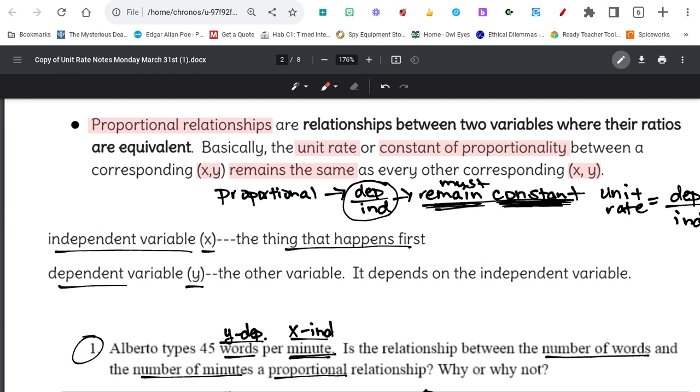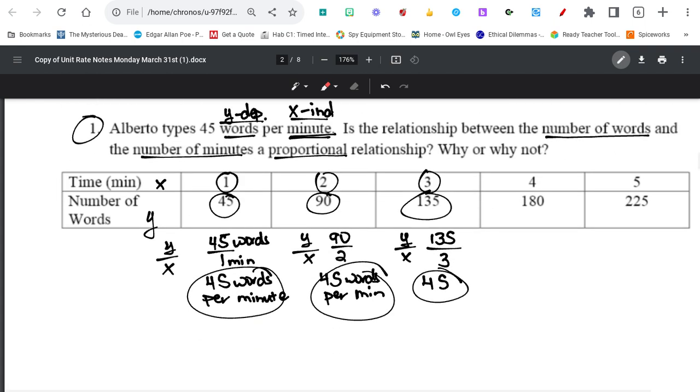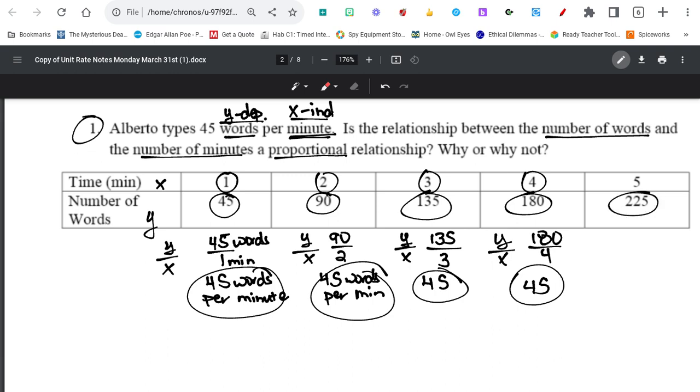Anything that has a constant rate of change is said to be proportional, okay? Okay, let's take the fourth y. The fourth y here is 180, divided by its corresponding x, which is 4. So if you use your calculator, 180 divided by 4 is 45. So I'm getting 45 again. I just have to check one more, to see if I get 45. Okay, let's take that last y and divide it by its corresponding x, which is 5.